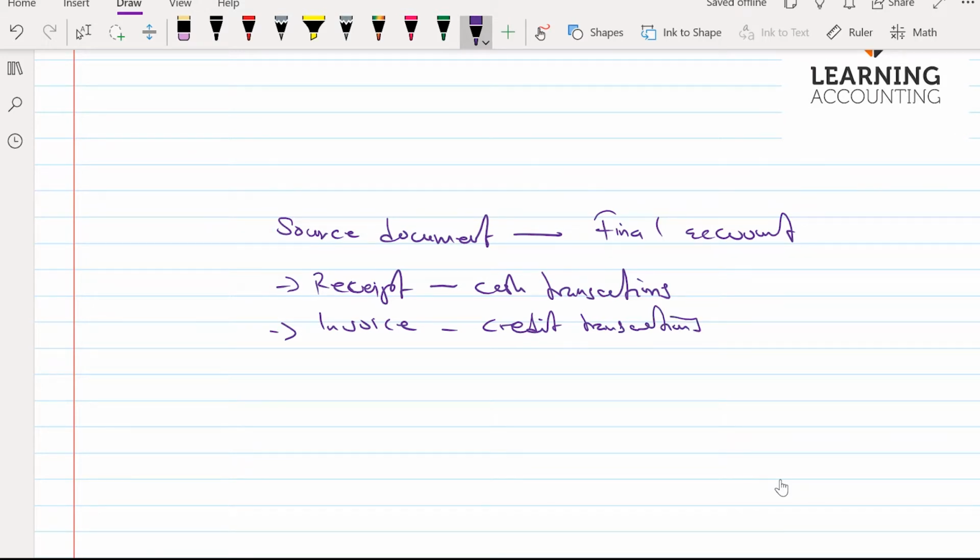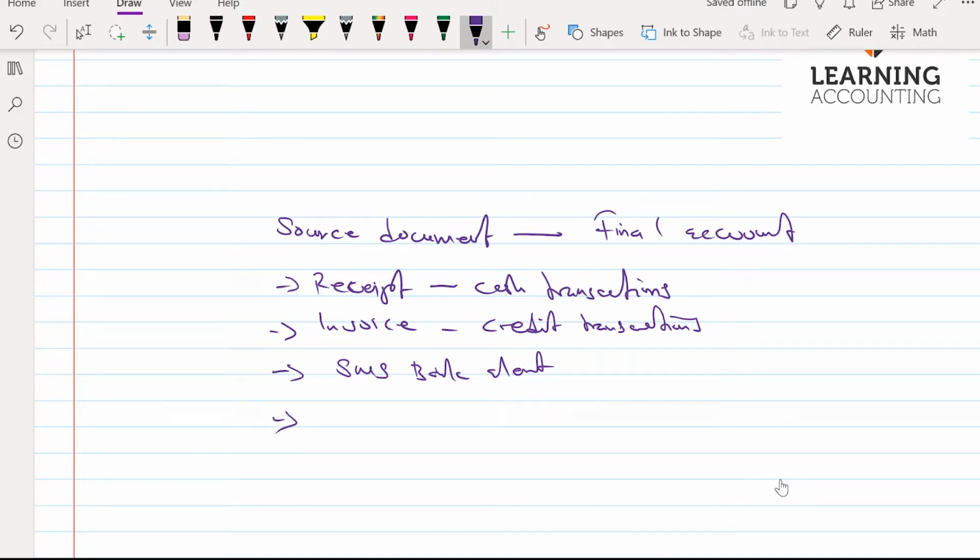There are other source documents, like your SMS bank alert, and so many other forms. They are just documents that evidence the initiation of the transaction.